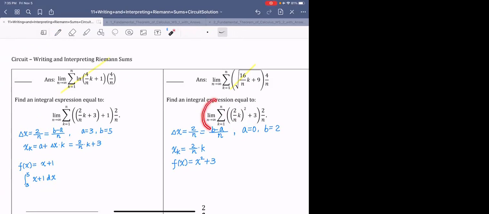Now, this whole thing can be replaced by this, correct? Okay. So we say this is integral from where to where? From 0 to 2. Okay. And then do x squared plus 3 dx. Make sense now?